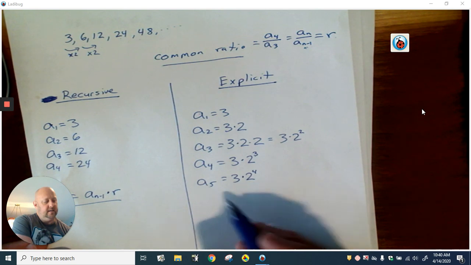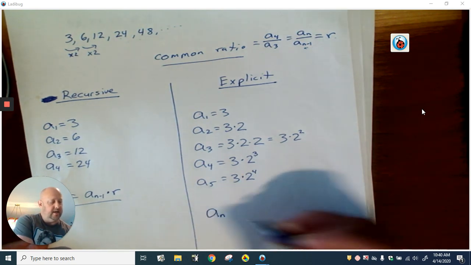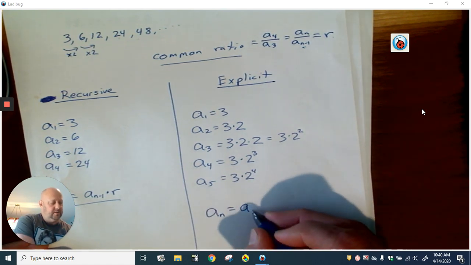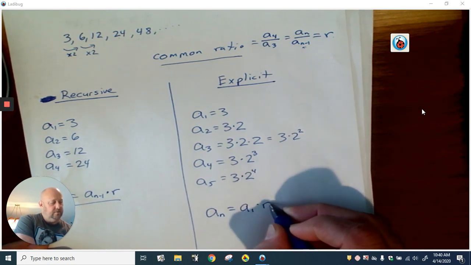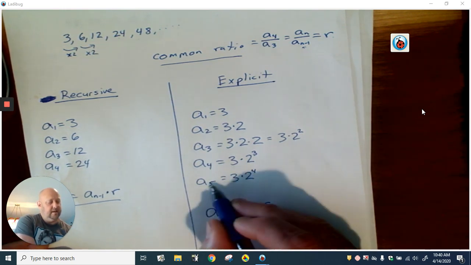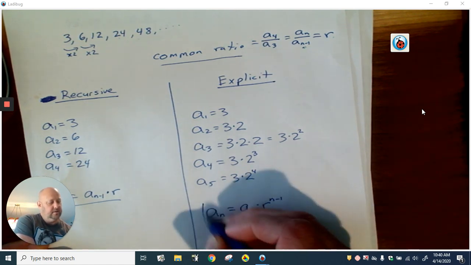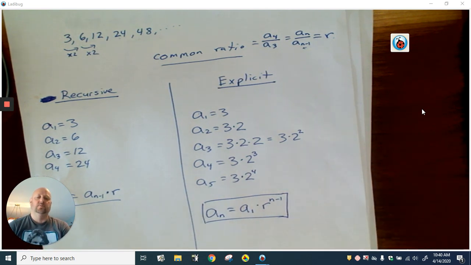This idea gives us our explicit formula, where we can find any term by taking the first term and multiplying it by r, not to the n power, but to the n minus 1 power. This is our main explicit formula that we're going to use over and over again.